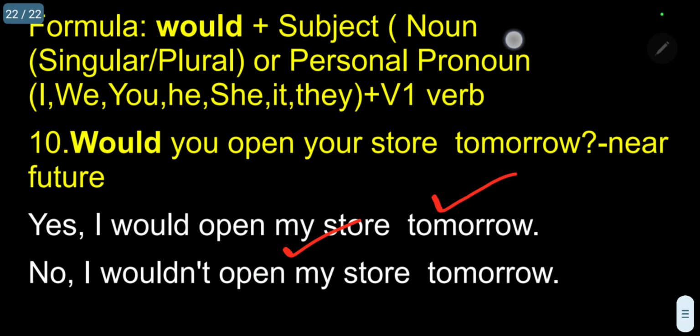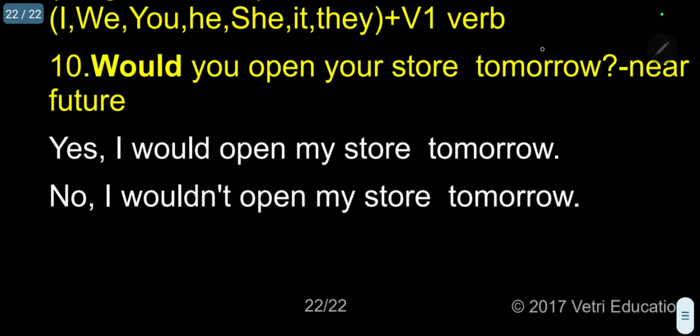So, my dear students, here I have very clearly explained the difference between will and would, and at what condition you have to apply would. Critically, specifically, I have explained, but you must keep in mind, hypothetically, will and would will be only future.